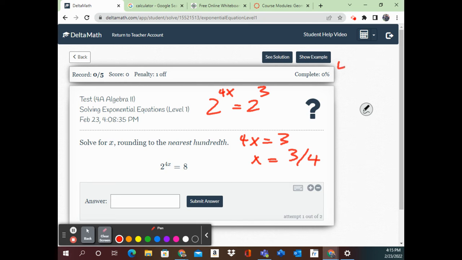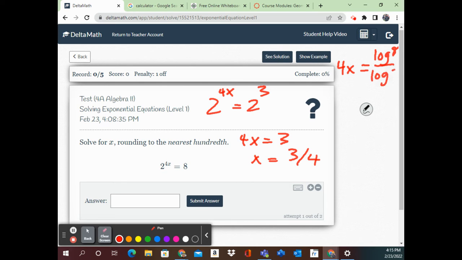I'm going to end up having 4x be equal to the log of 8 divided by the log of 2. Then I divide this by 4, and x is going to be 1 over 4 times log 8 divided by log 2.